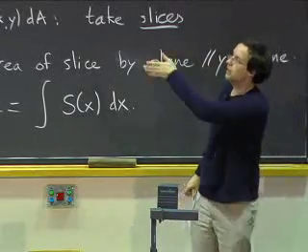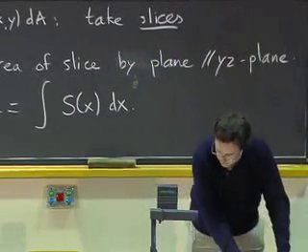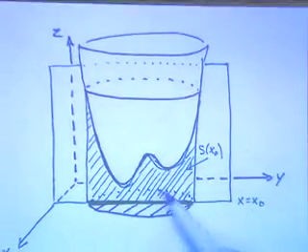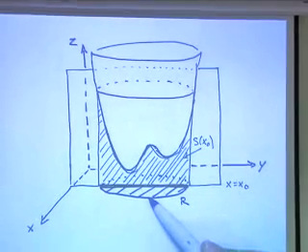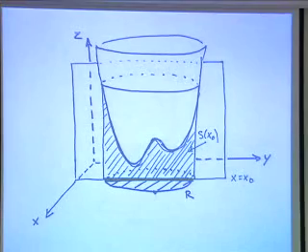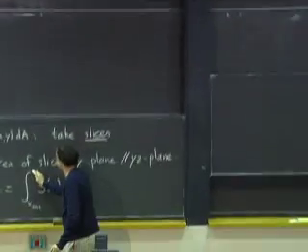From the very far back to the very far front. So on this picture, we'd probably start over here at the back, and we'd end over here at the front. So let me just say from the minimum x to the maximum x.